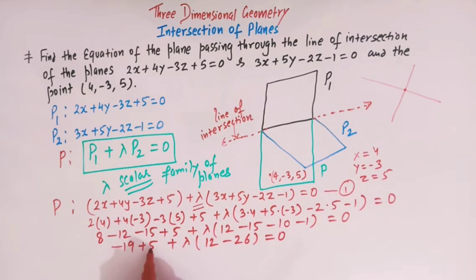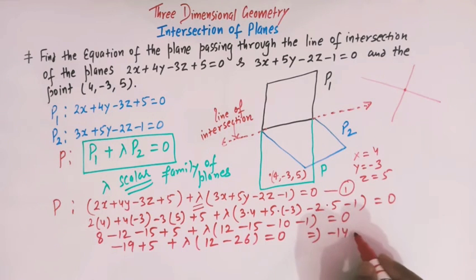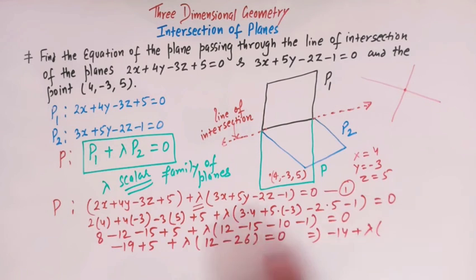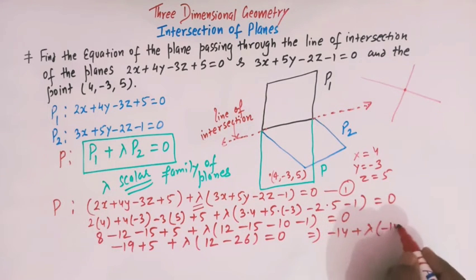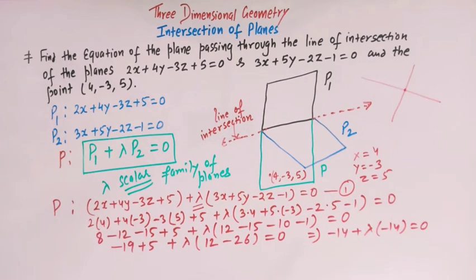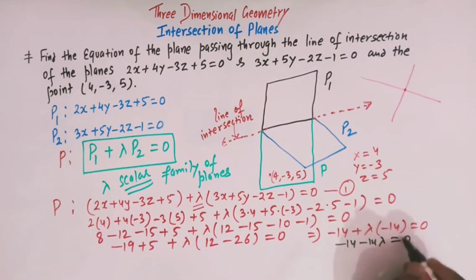So now this is 5 minus 19 is minus 14, and here we have lambda times minus 14, right? So now we have an equation in lambda. So we have minus 14 plus minus 14 lambda is equal to 0.